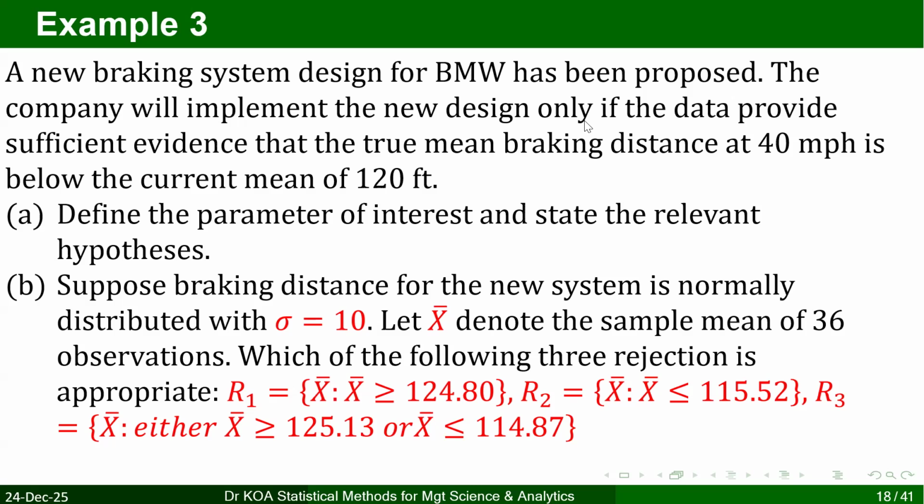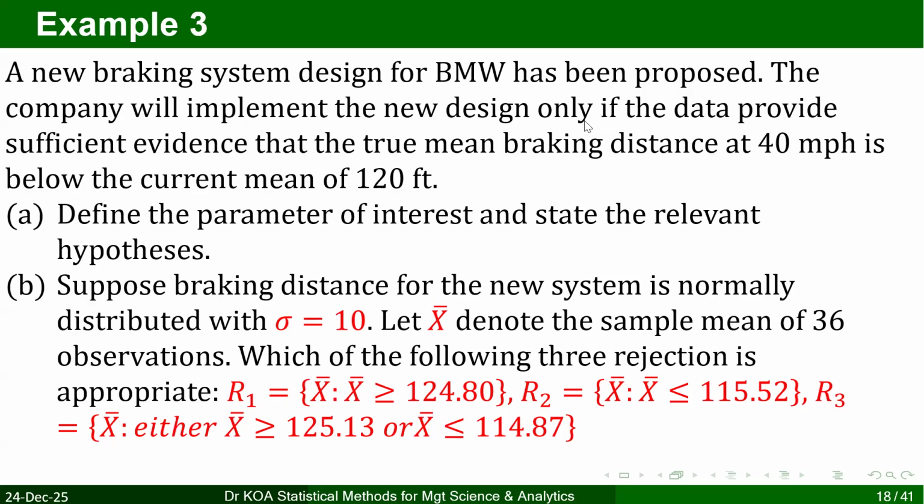A new braking system has been designed for BMW cars. The company wants to implement this new design only if the data provides sufficient evidence that the true braking distance at 40 miles an hour is below the current mean of 120 feet. So there is an existing braking distance, and the existing one is 120.